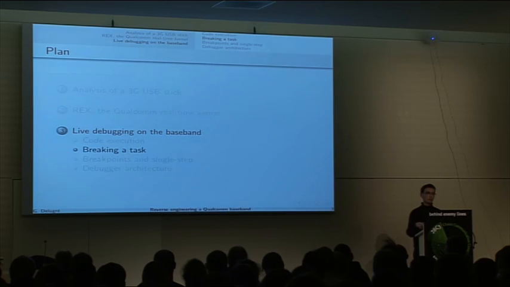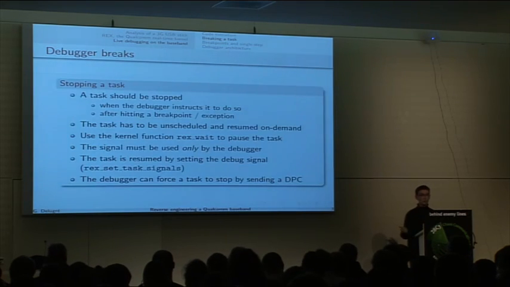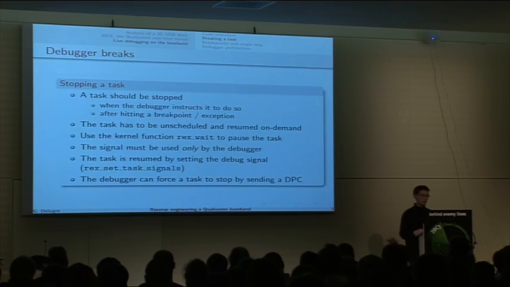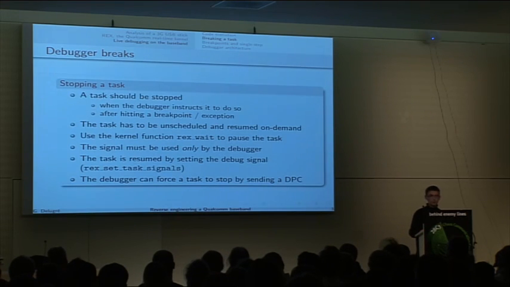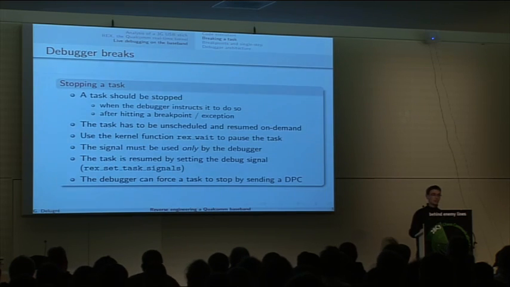When you get code execution, if you want to write a debugger, next you want to be able to break a task. A task should be stopped if you instruct it to do so, when the debugger tells it to stop this task, or if you hit an exception or a breakpoint. So you have to be able to unschedule a task and resume it on demand.